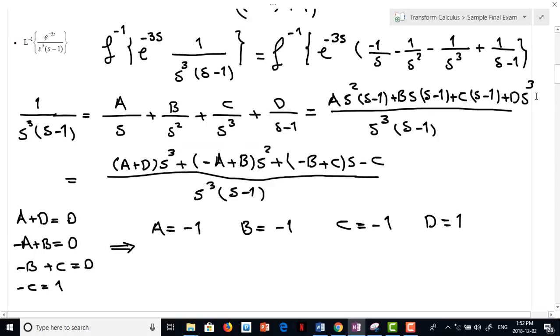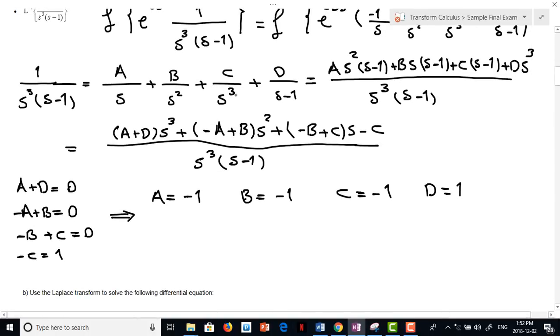Now you can easily find this Laplace inverse using the second translation theorem. I write it here.